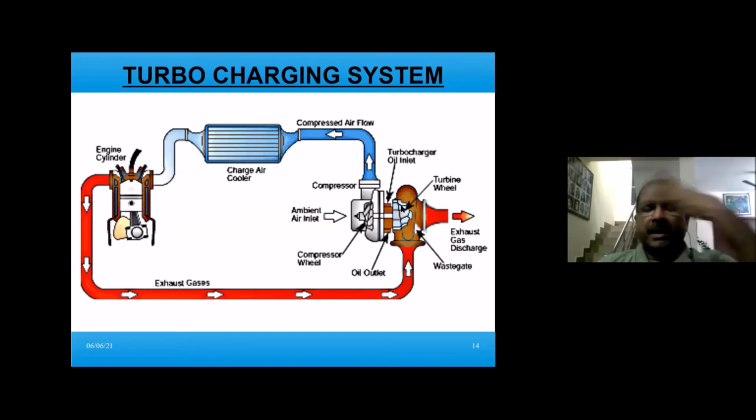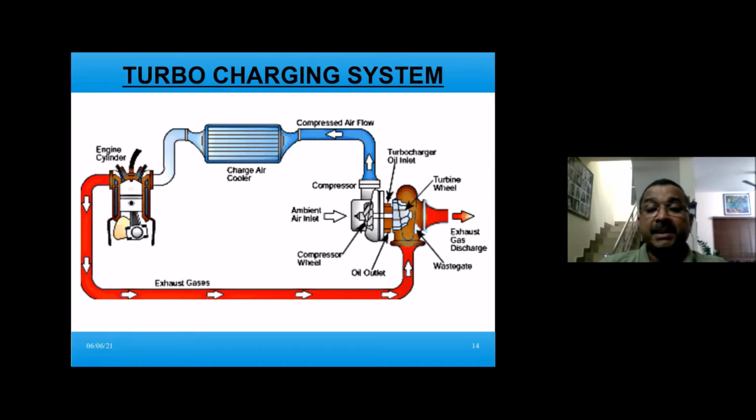And uncle, in the very first class, I think, spoke about increasing the volumetric efficiency of a particular engine. For that, the inlet air has to be compressed and given to the cylinder, through which we can increase the volumetric efficiency of the cylinder.